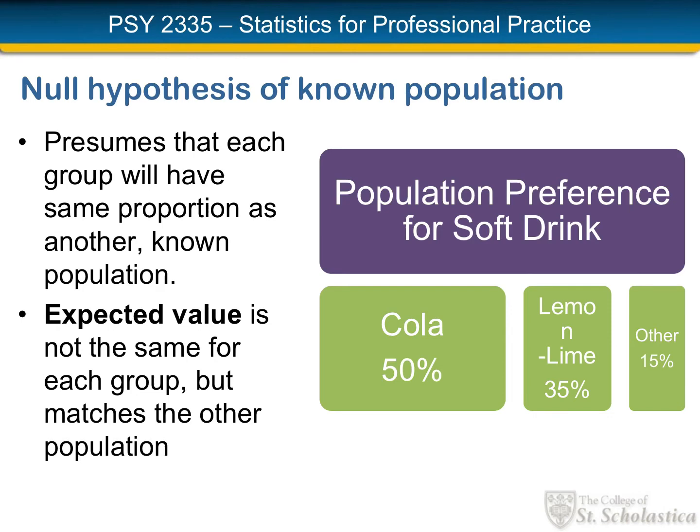And so we might be asking, are the people in Duluth, Minnesota the same as the general population of the US? And if so, we would expect when we went out and got a sample of Duluthians that half of them would want cola, 35% would want lemon lime, and 15% would want something else. Then we could go and get our actual sample and see if it matched those proportions.